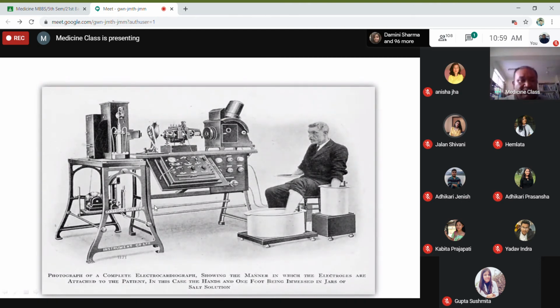But nowadays, you can have an ECG machine the size of a laptop, a portable one. You can take it anywhere in your ward and do an ECG with a very simple process. And here they used to put salt water as an electrode solution in these three tanks. So it was very primitive in previous days.